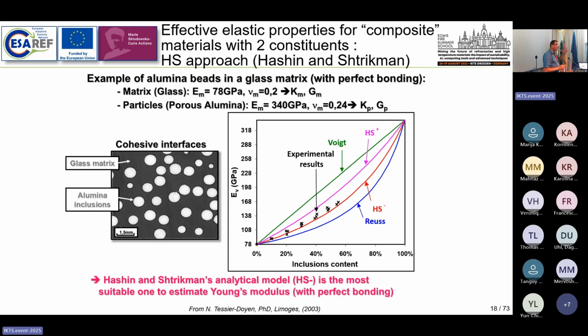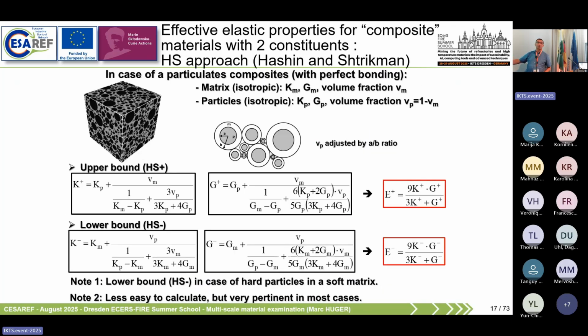In most refractory systems, your bonding phase is less rigid than the aggregate, and then you can consider that Hashin and Shtrikman minus applies very well to describe your system. You are far away from Voigt, you are far away from void, in fact, and the good prediction is typically this formulation, which is a little bit complex, but manageable.